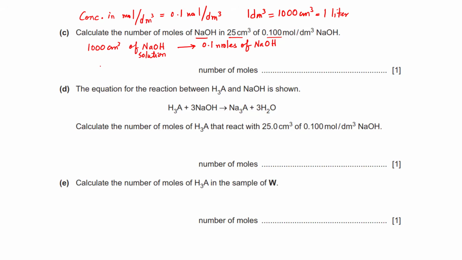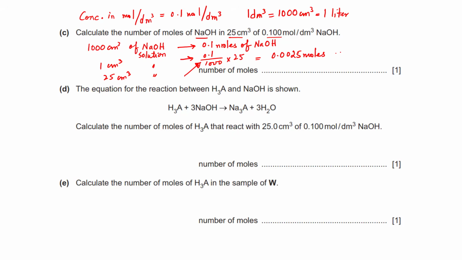So if we have 1 centimeter cube, the moles will be 0.1 divided by 1000. And if we have 25 centimeter cube of this solution, the moles will be this multiplied by 25. So this value multiplied by 25 comes out to be 0.0025 moles.